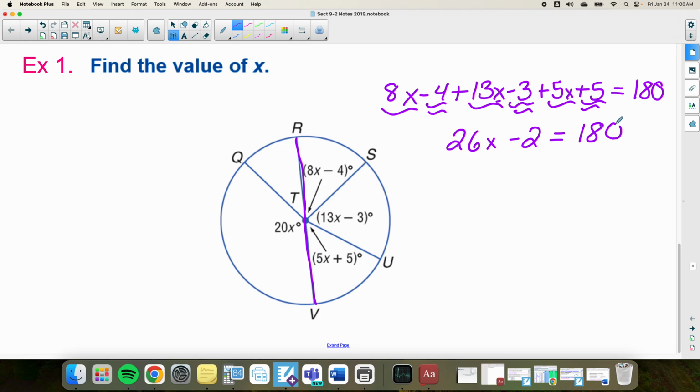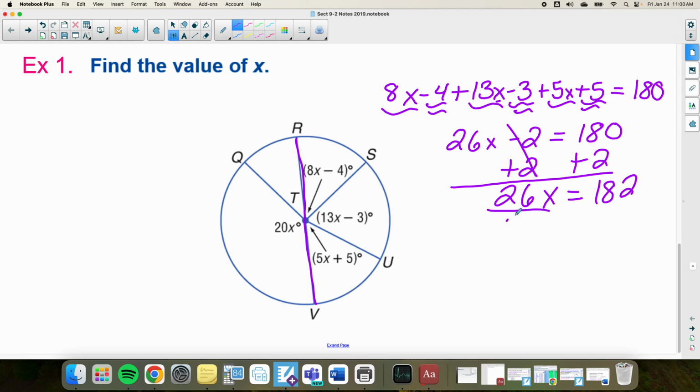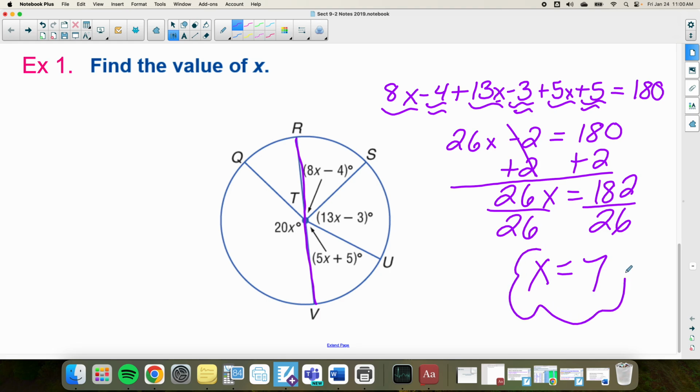Okay? Then I'm going to add 2. And I get 26x equals 182. Divide by 26. And x would be, did anyone divide? 7. Thank you.